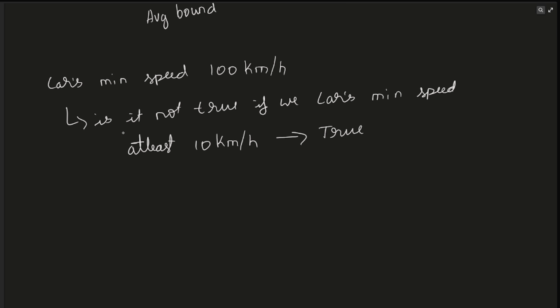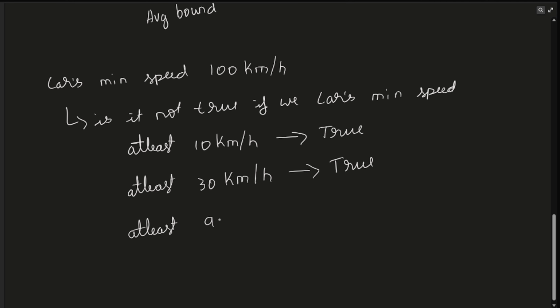Can we not say the car's minimum speed is at least 30 kilometers per hour? This is true. Can we not say the car's minimum speed is at least 90 kilometers per hour?